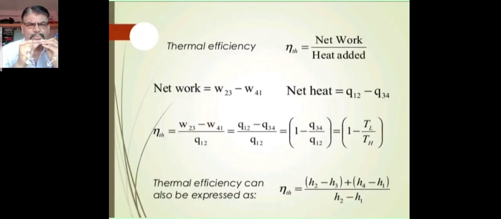Now, our interest is how to find out the thermal efficiency. As we know, thermal efficiency is net work divided by heat supplied. Net work is always work done by the turbine minus work supplied by the pump.